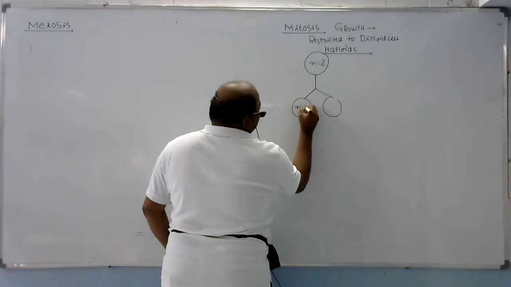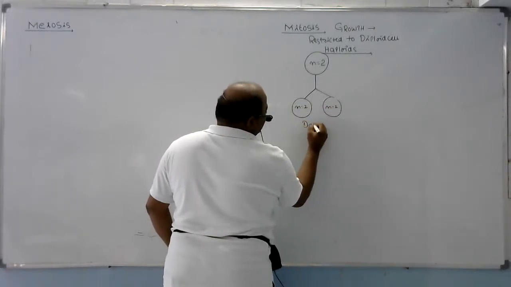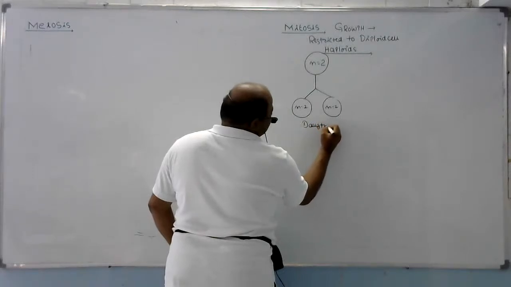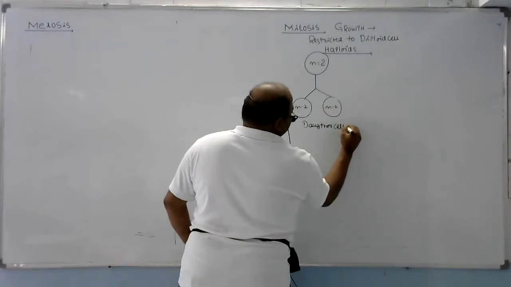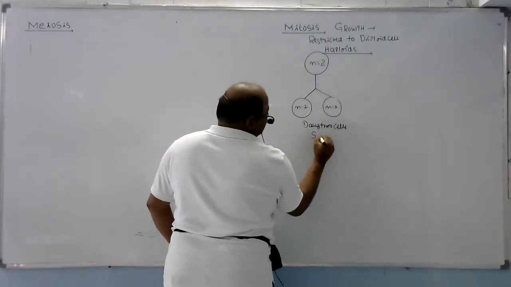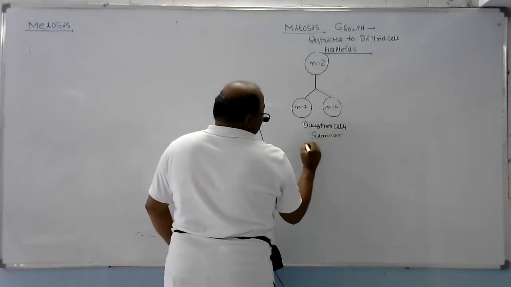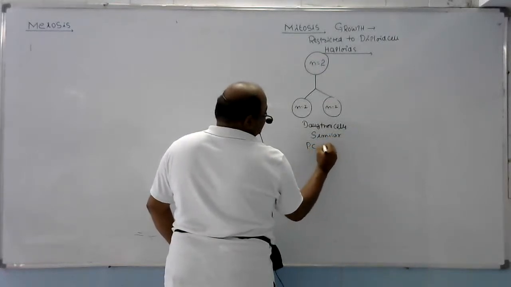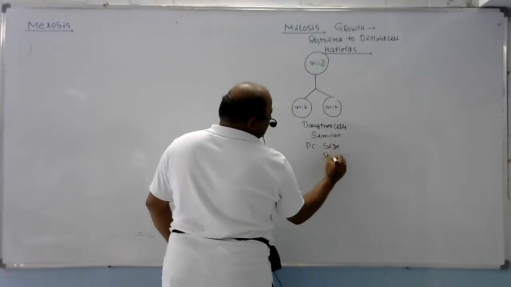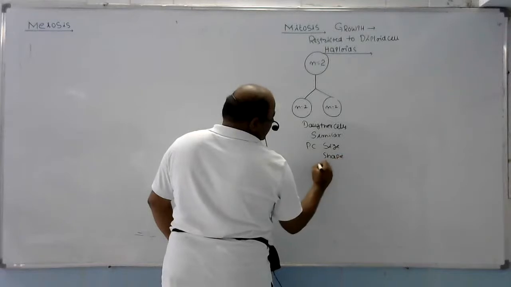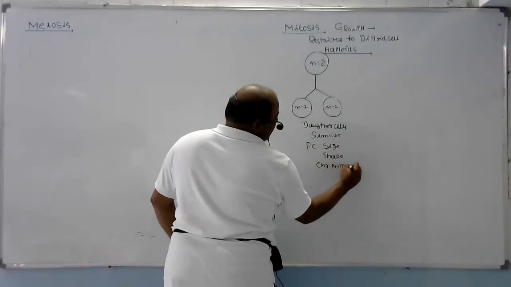These 2 cells are nothing but daughter cells, which are similar to their parental cell regarding size, shape and chromosomal number.